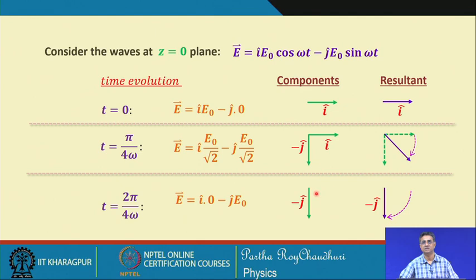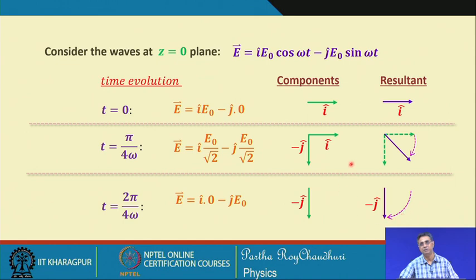You can see the component is here in the minus y direction and this is the resultant. So you have the resultant field along this direction. Effectively, we started at time t equal to 0 when the resultant field was here, then it has come down to this position and then it is moving in this direction.